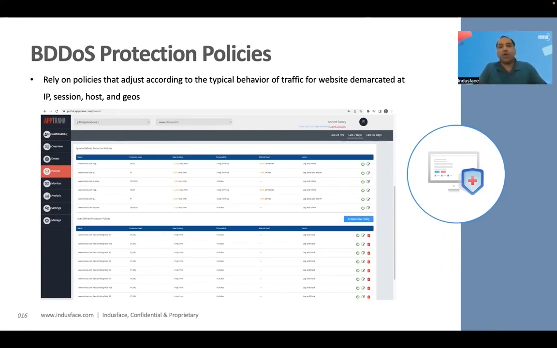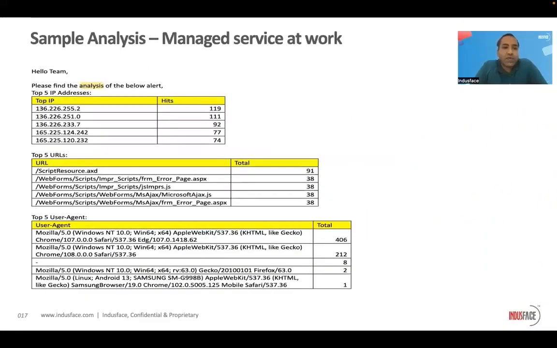sophisticated attacks like the one I explained when I talked about the typical use case or the characteristics. There could be sophisticated attacks coming in, which could still go under the radar even if you have configured granular policies and behavior based policies. So in such cases, there is a notification that comes in, and then based on the notification, our team analyzes the request, and then they send a quick update to the customers, telling them, hey, this is a typical trend that we are seeing.